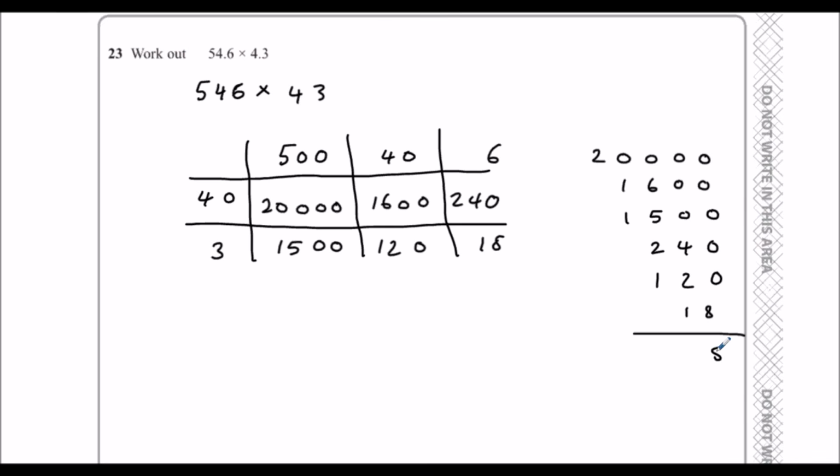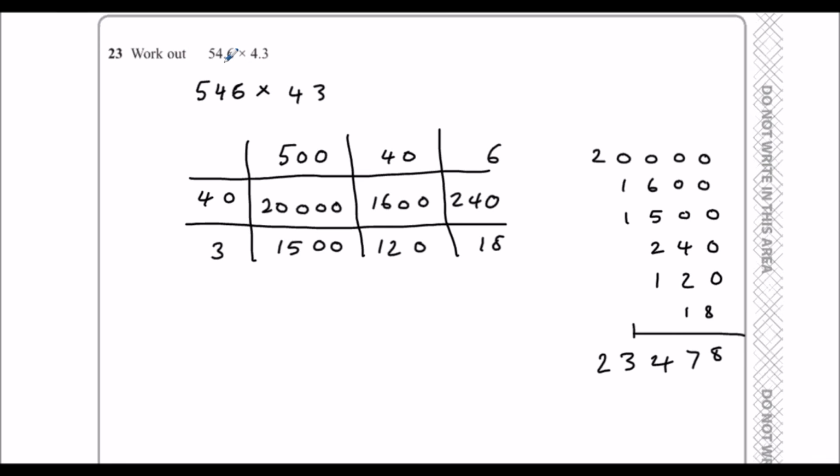So we're going to add up. So I've got 8 in the ones. I've got 4 plus 2 plus 1, so that's 7 in the tens. 6 plus 5 is 11, plus 2, 13, plus 1, 14. So I'm going to put the 4 here, carry over the 1. 1 plus 1 plus 1 is 3, and I've got a 2 there. So I've got 23,478.